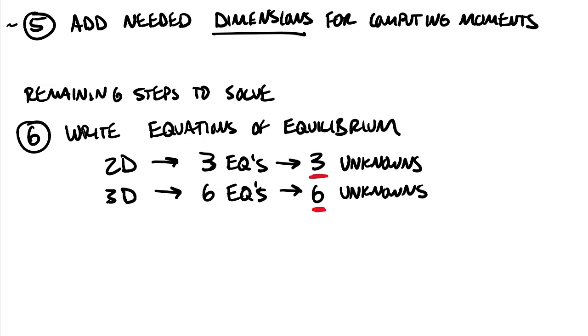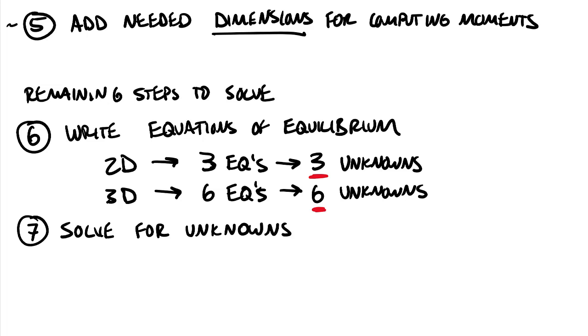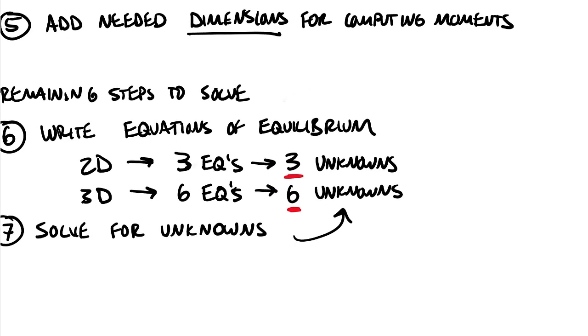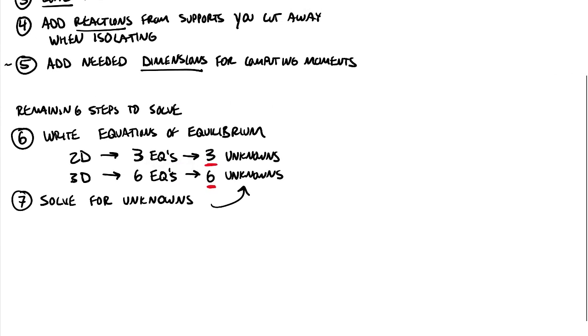And then step 7, which is probably the step you're most comfortable with, because it's really just doing some math, is to solve these equations for your unknowns. So it turns out many of our unknowns on our equilibrium problems turn out to be the reactions.